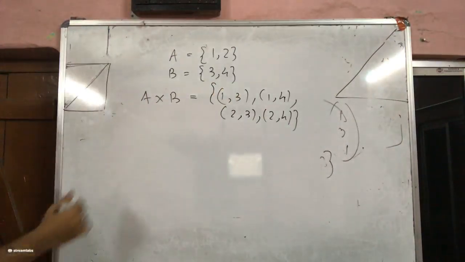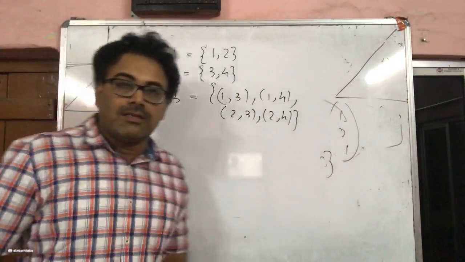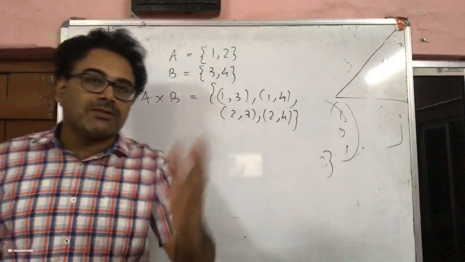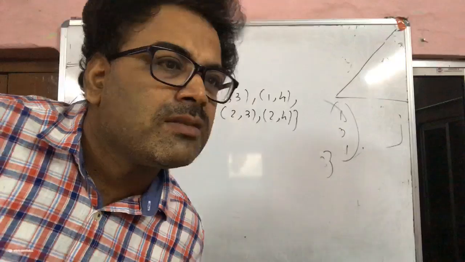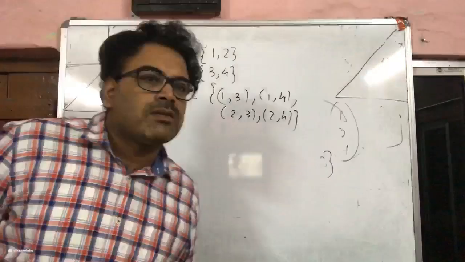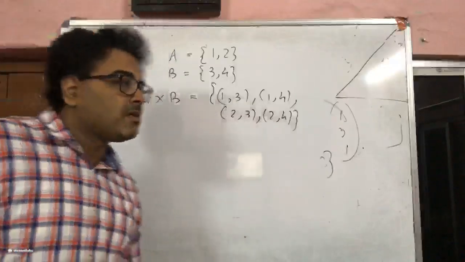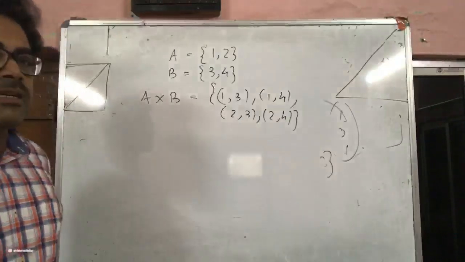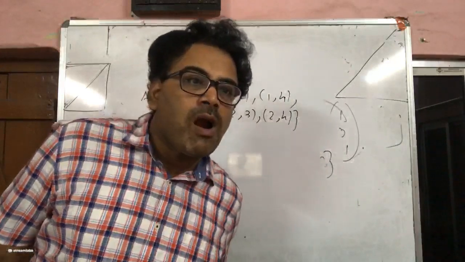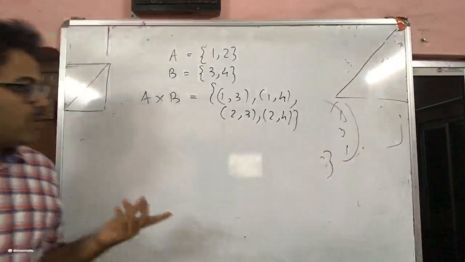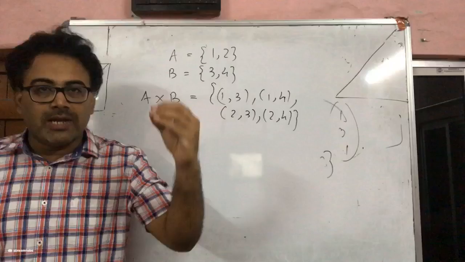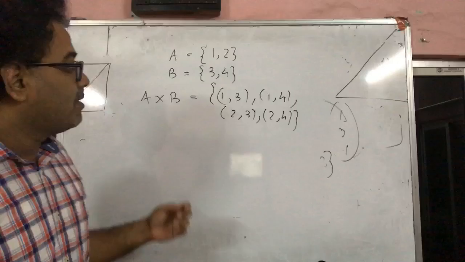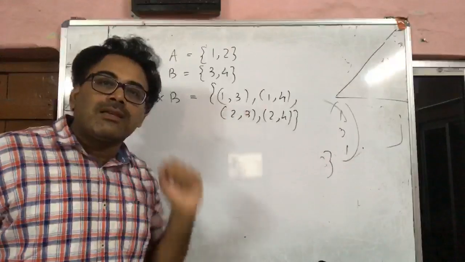Fine. Now from this, please tell me whether A cross B and B cross A are equal or not. Is A cross B the same as B cross A or not? No. Absolutely no. 1, 3 is different from 3, 1. 1 is linked to 3, just like you can consider the relation 1 is less than 3.